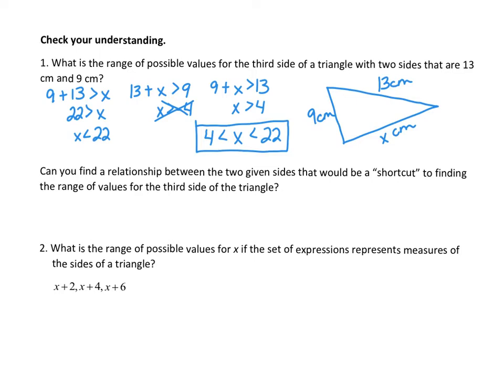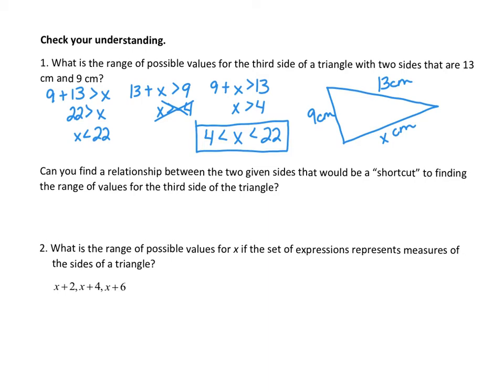Okay, so now what I'd like you to do is look at these values, 13 centimeters and 9 centimeters again, and see if you can find a relationship between those two given sides. That would be a shortcut to finding the range of values for the third side of the triangle. Again, we're looking at the numbers 13 and 9. And remember that our range of values is that x is between 4 and 22.